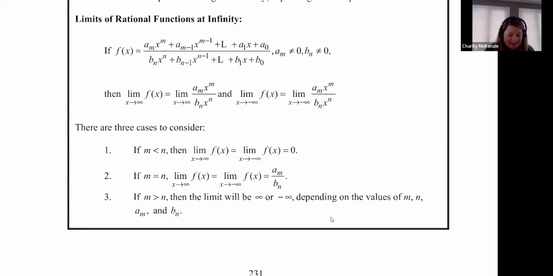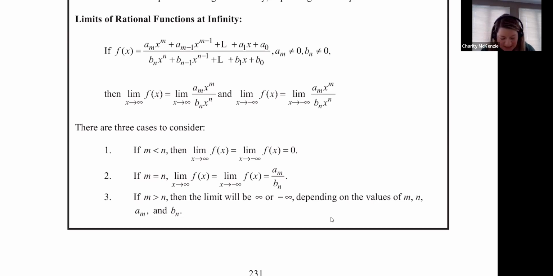And then down here, it kind of looks ugly. Basically, it's trying to say that if you have a polynomial counting down up here, so x squared, x, a number, something like that, and the same idea down here, then as you're putting in infinity, you're looking at that highest degree.